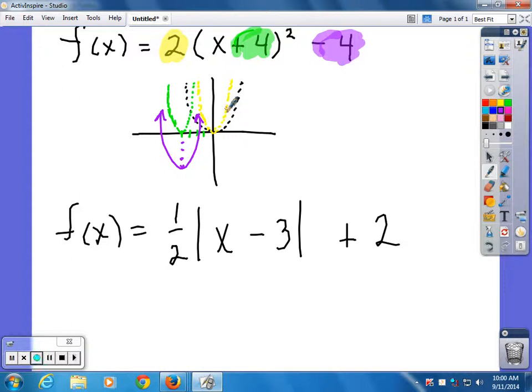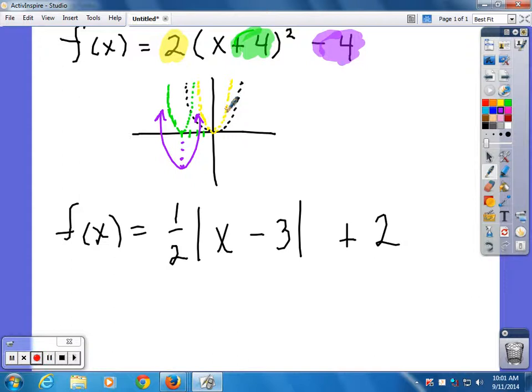Look, A. What does A tell you? The orientation. So it tells you if it's opening up, opening down, skinny, or wide. If it's positive, it opens up. If it's negative, it opens down. If it's greater than 1, it's skinny. If it's between 0 and 1, it's wide.